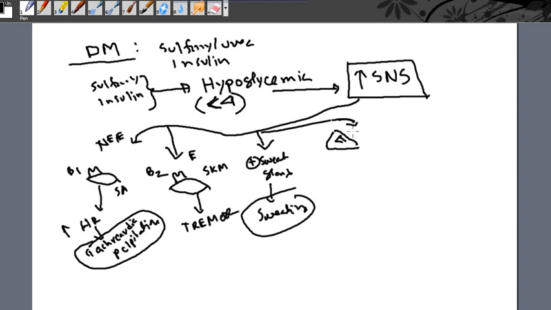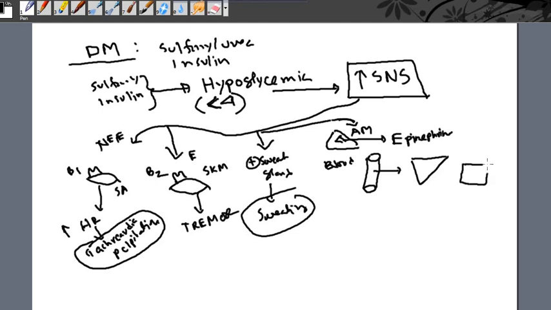There is adrenal cortex and adrenal medulla. From the adrenal medulla, epinephrine will be released, and this epinephrine will enter into your blood. Through the blood, this epinephrine will go to the liver. On the hepatocyte of liver, there is beta 2 receptor, and this epinephrine will stimulate this beta 2 receptor.